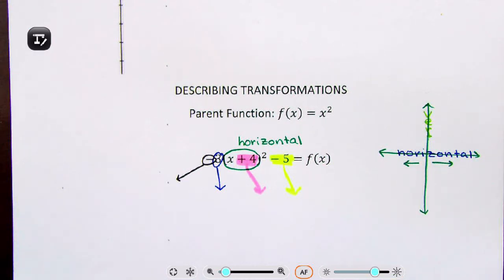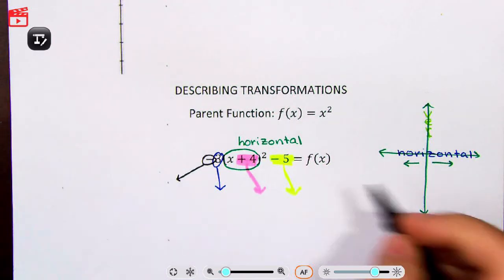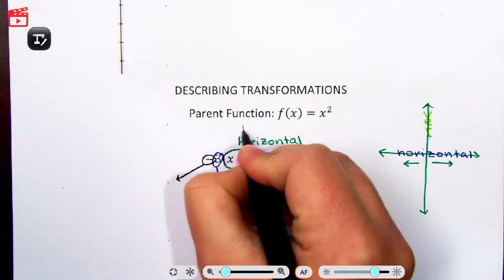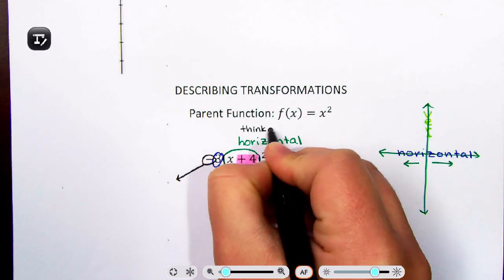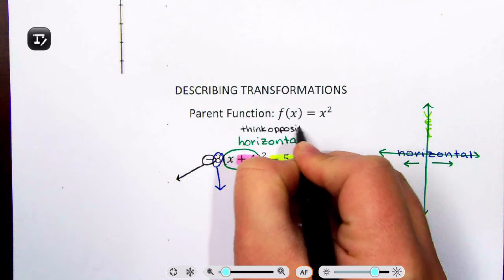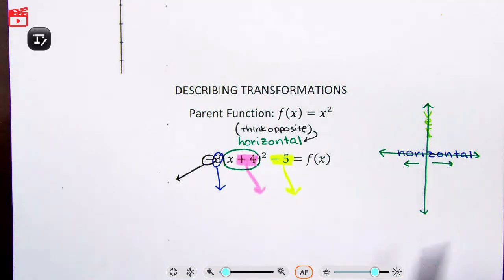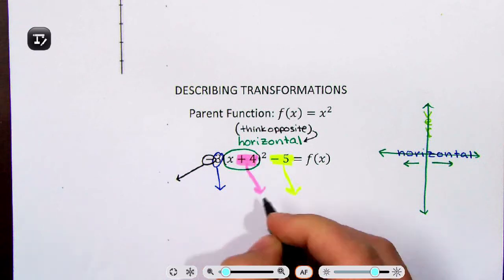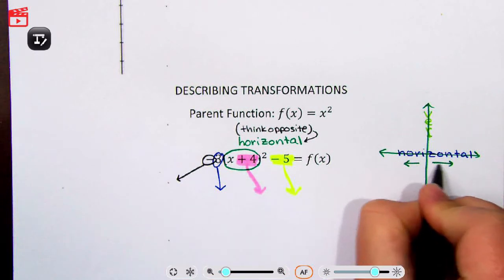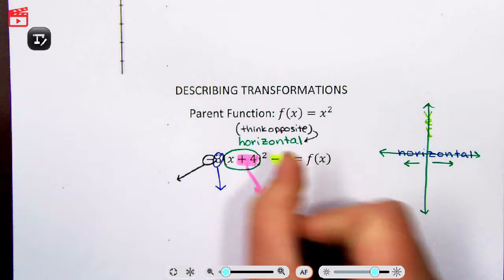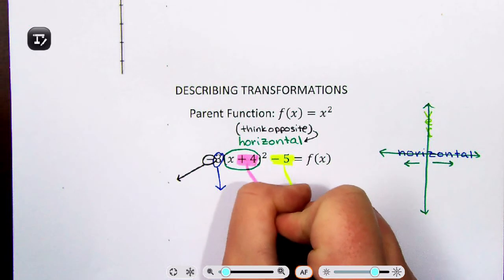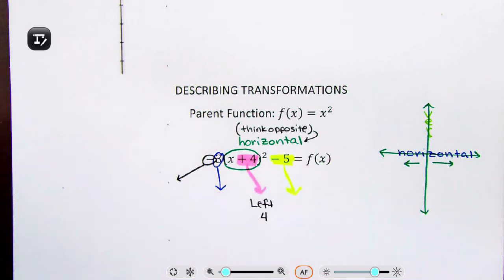But anytime you have a horizontal shift, you are thinking opposite, and you are only thinking opposite for the horizontal. So if you see a +4, in reality you're not going to the positives, you're going to the negatives. So you are shifting left 4 jumps.